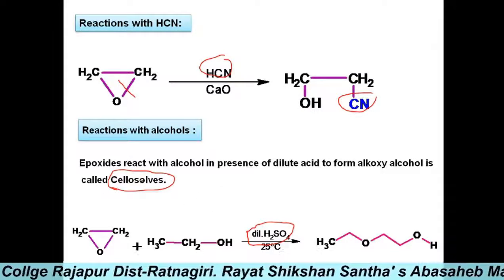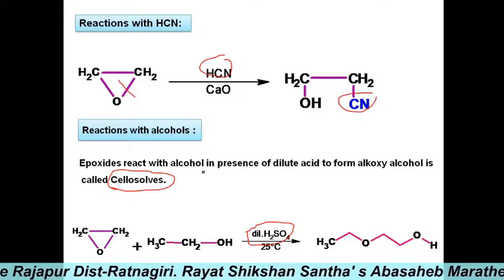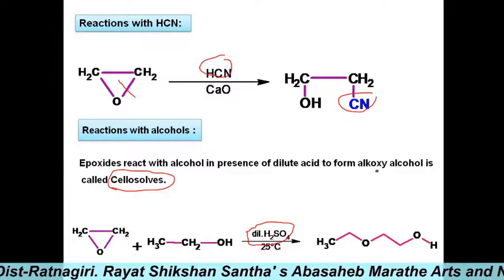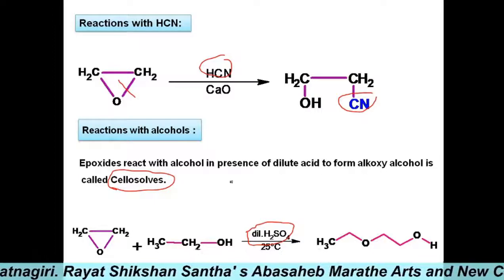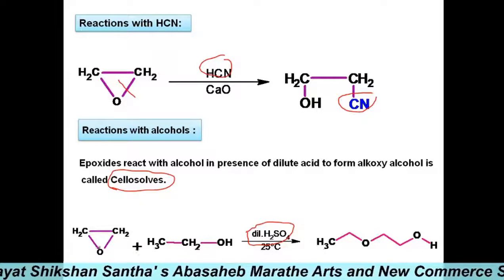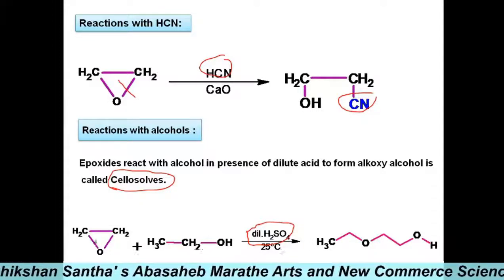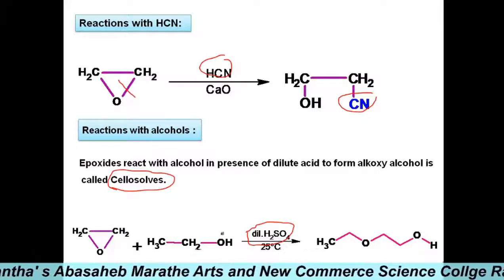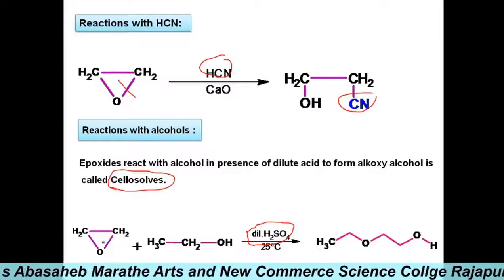What is meant by cellosolve? Epoxides react with alcohol in the presence of dilute acids, giving products named cellosolves. For example, ethylene oxide reacts with ethanol in the presence of dilute acid. What happens?